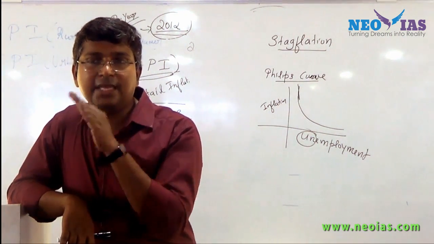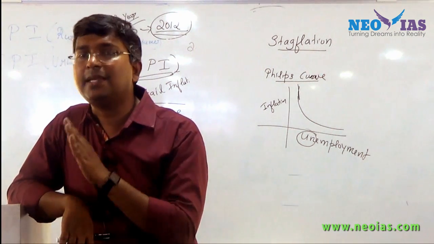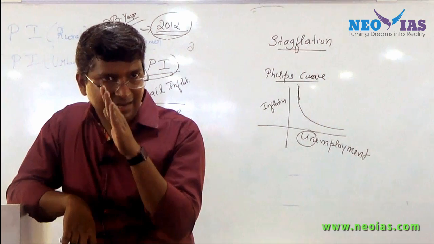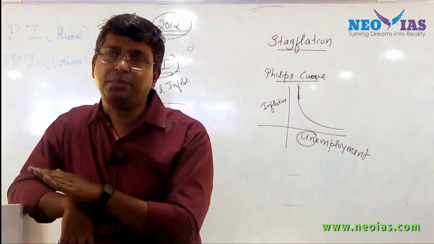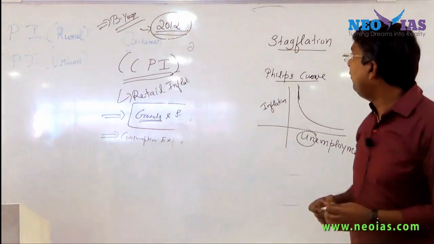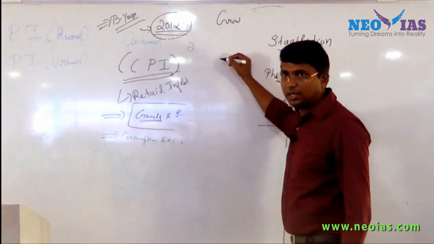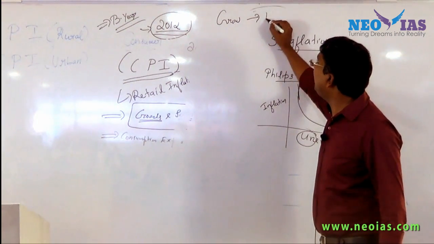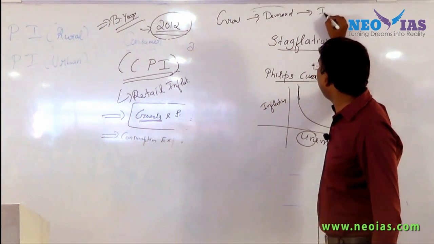But this theory or curve is now rejected. Till the 1970s this curve was accepted, for the reason being: when an economy grows, there will be an increase in demand, and that results in inflation.